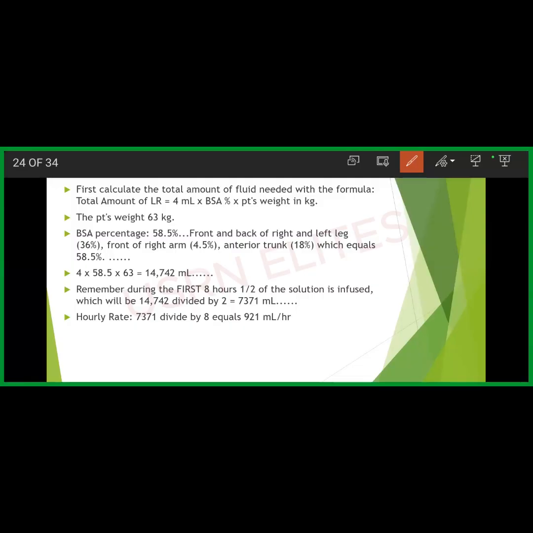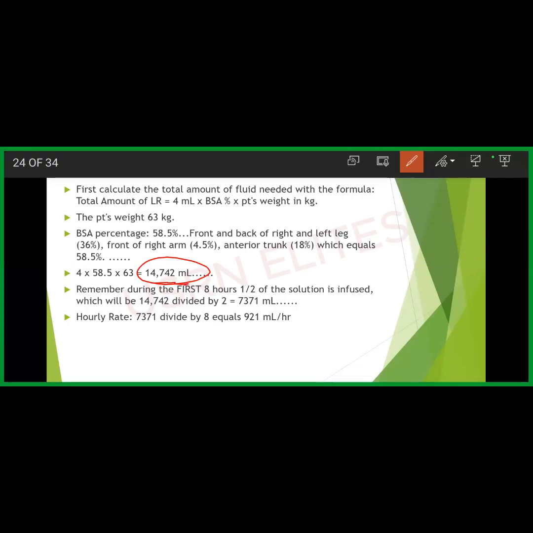So this one, you remember the first person who mentioned her answer. I also asked that she calculates the flow rate for the next 16 hours. So you know that it will be the same. When you divide this one by 2, for the next 16 hours you still have half of this one going.